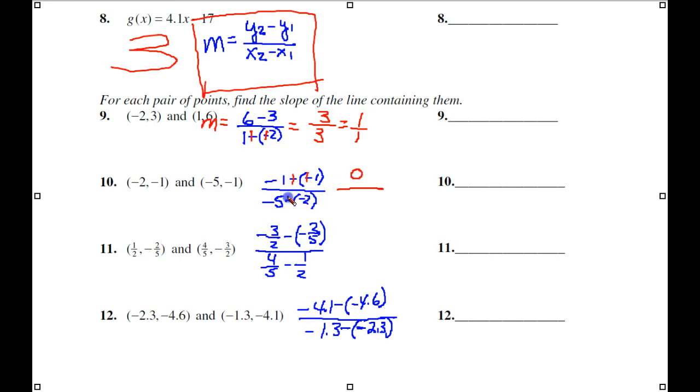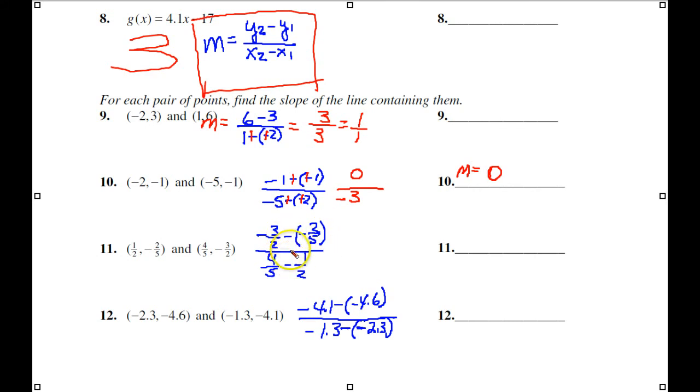And this is going to become a plus here. So my denominator becomes a negative 3. Any number in which you have a 0 in the numerator divided by any number that's not a 0, the answer is 0. The slope is 0. And that's a good number.